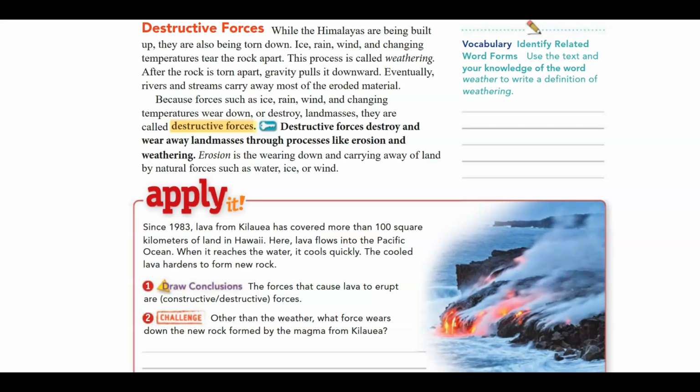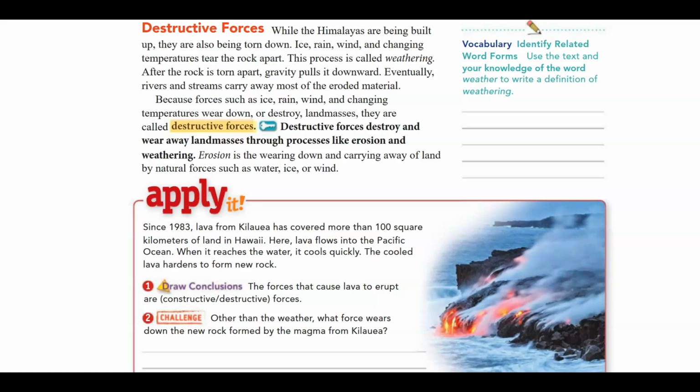Because forces such as ice, rain, wind, and changing temperatures wear down or destroy land masses, they are called destructive forces. Destructive forces destroy and wear away land masses through processes like erosion and weathering. Erosion is the wearing down and carrying away of land by natural forces such as water, ice, or wind.